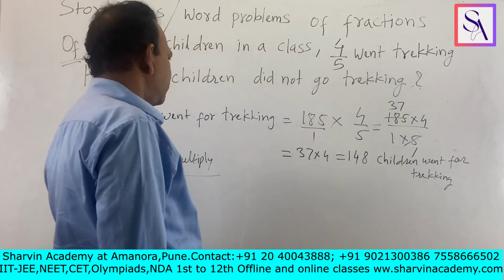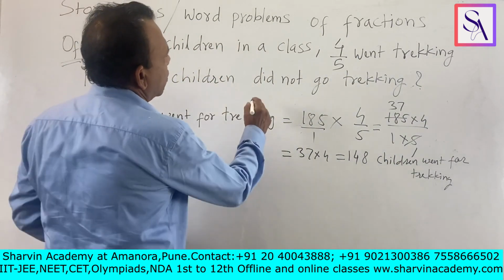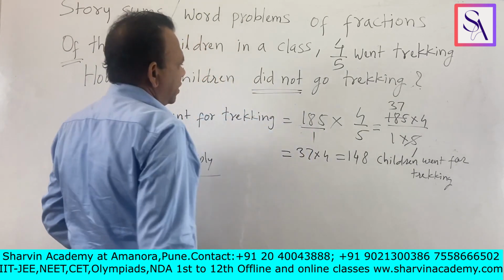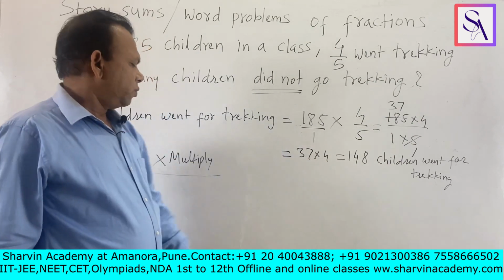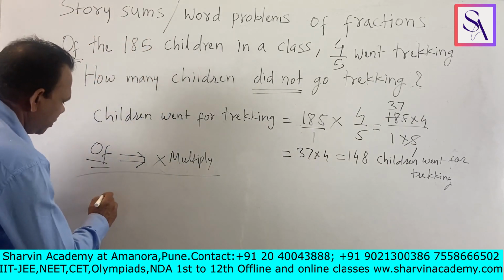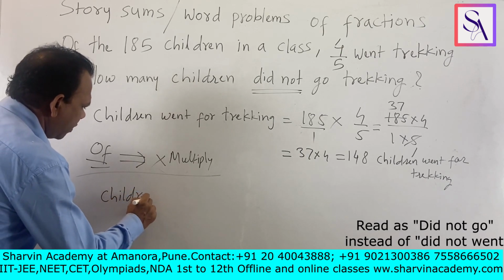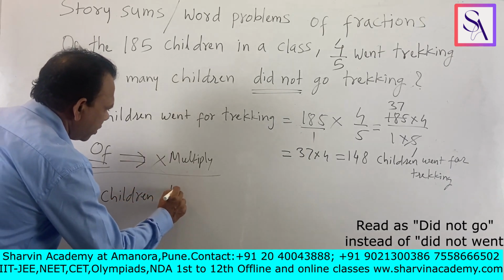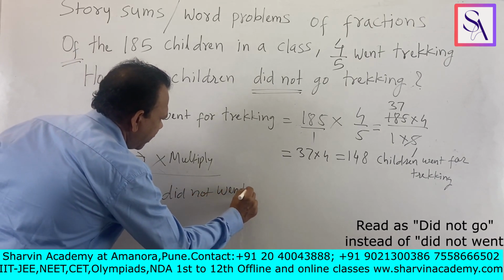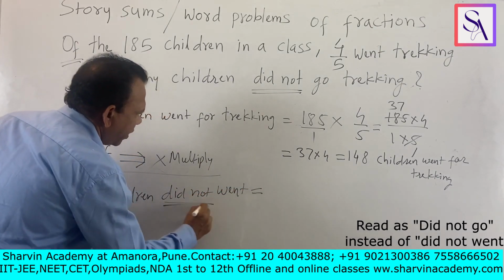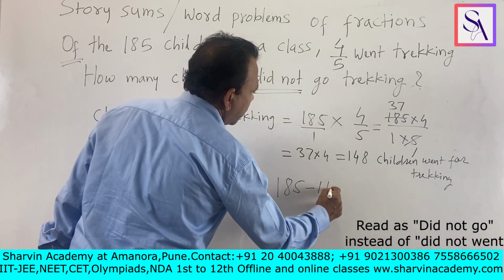Right? But what they asked is how many children did not go for trekking. So out of 185, 148 went. So how many children did not go? Children who did not go equals 185 minus 148.